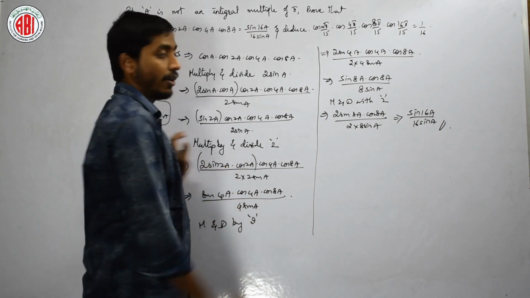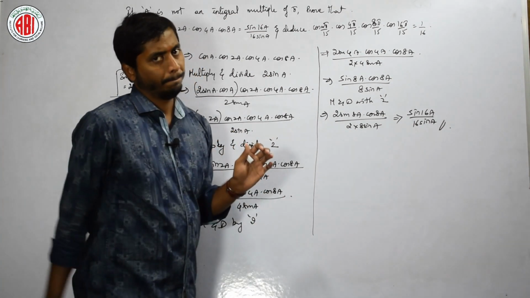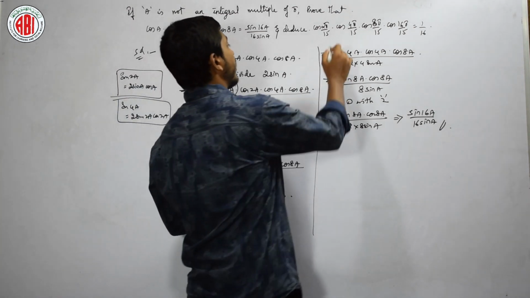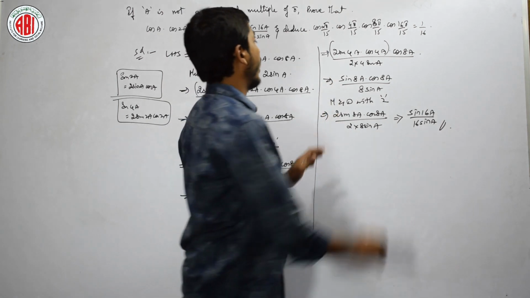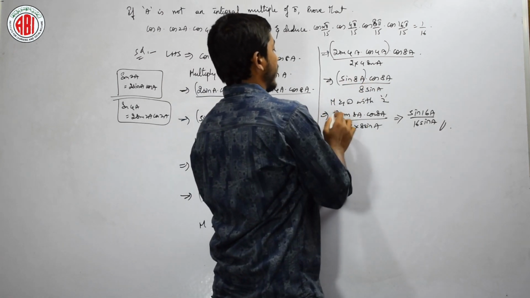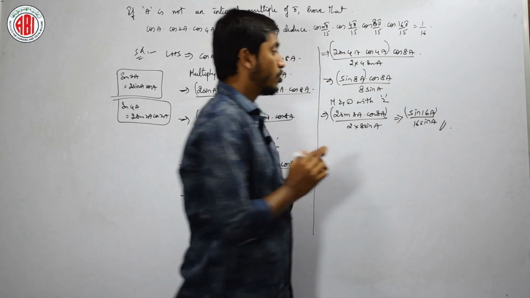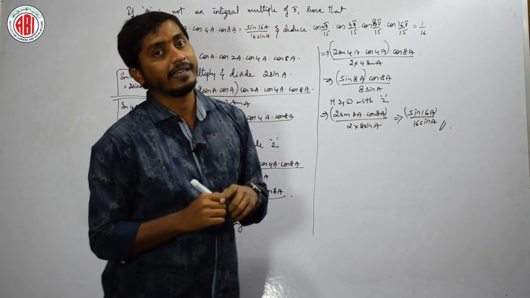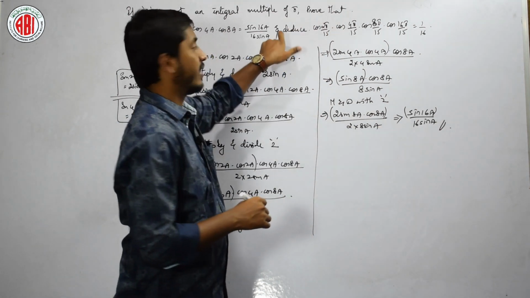This is 2 sin 2a cos 2a, it became sin 4a. Again after that we have multiplied 2, it becomes 2 sin 4a cos 4a, again it is sin 8a. After multiplying those both, I got finally sin 16a by 16 sin a. Is it right? This is what he asked us to prove, isn't it?